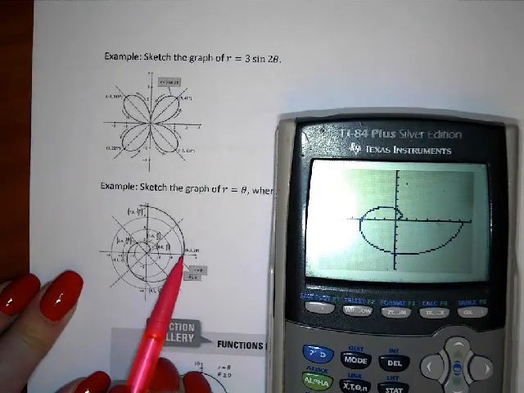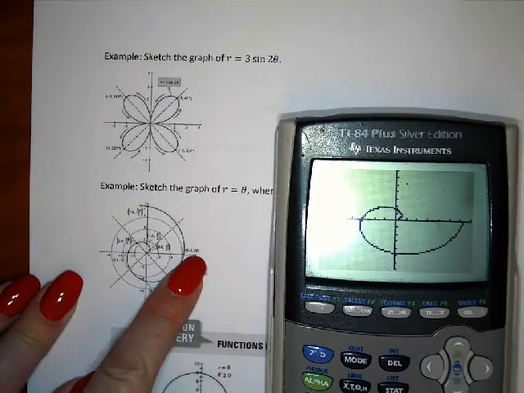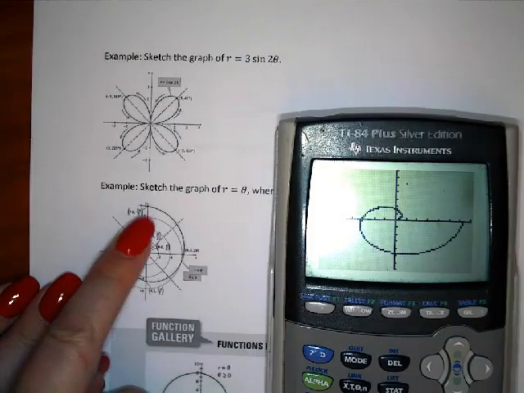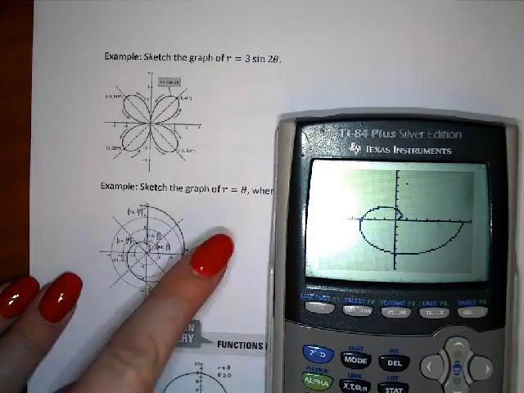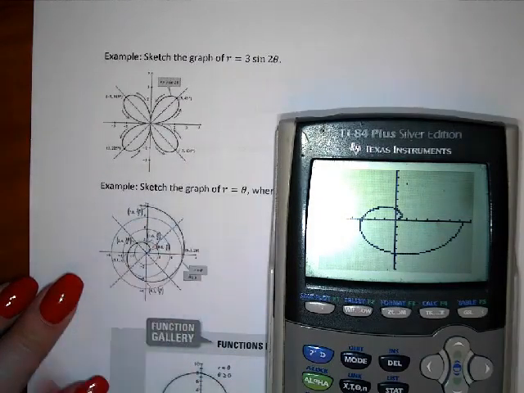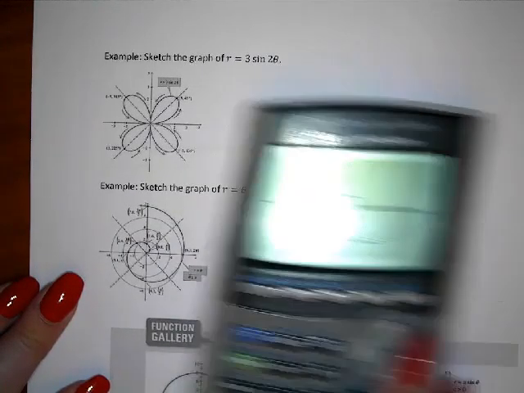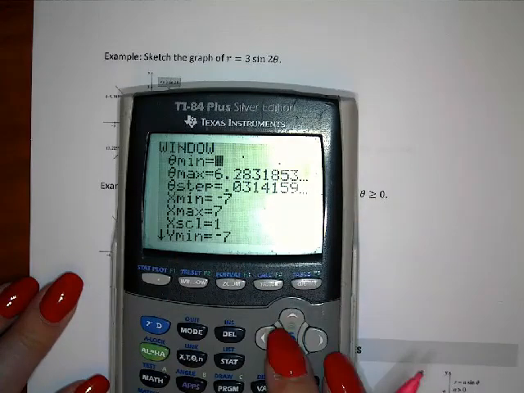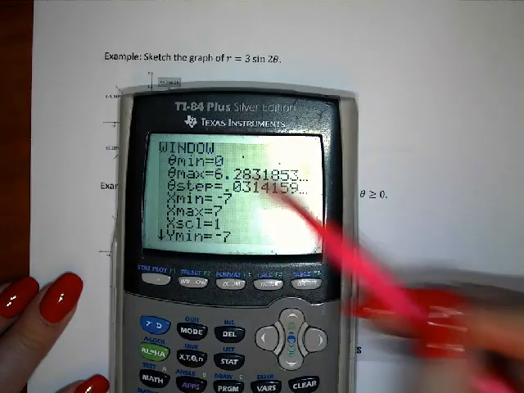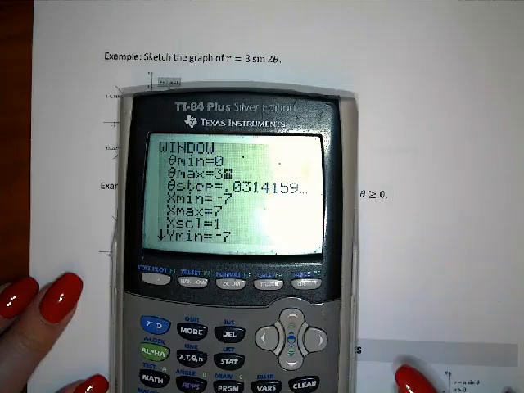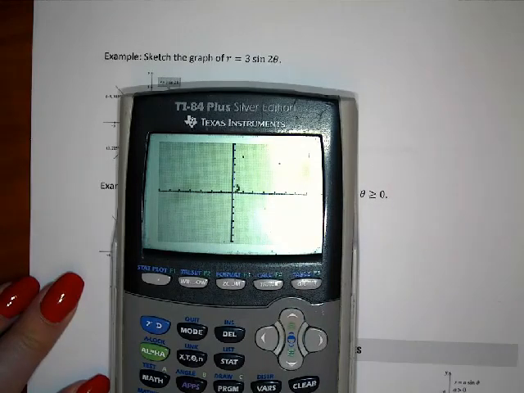This is one of those graphs where you're going to get more and more of the spiral as you add your coterminal angles. So if I want to see more of the spiral, I just have to go bigger than 2 pi. I have to go to like 3 pi, and I'll see a little bit more of the spiral. So 2 pi, and it's going to 3 pi.